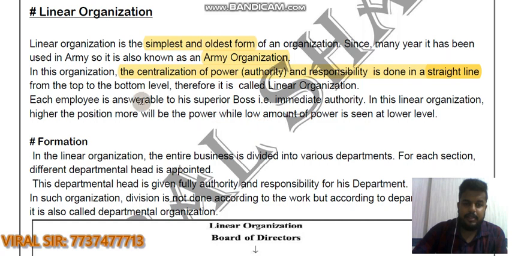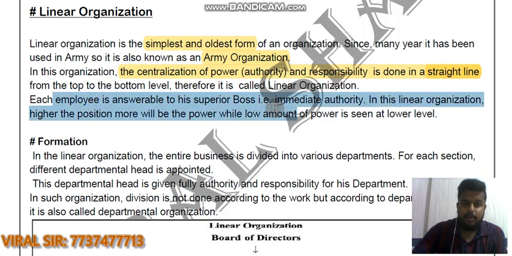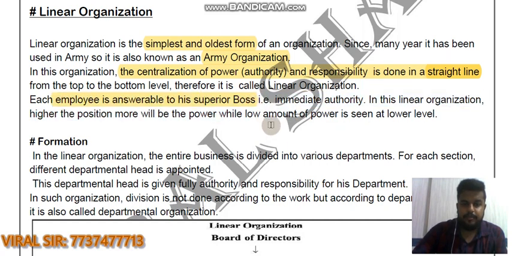Each employee is answerable to his superior boss, that is the immediate authority. In this linear organization, the higher the position, the more power, and a low amount of power is seen at the lower level. So it is very easy.